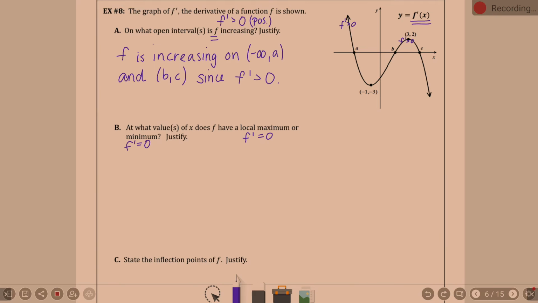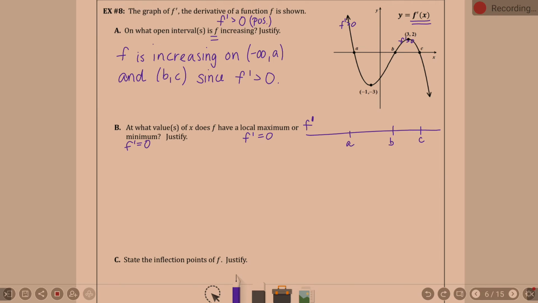Now, so what do we need to look at here? A, B, C, right? And maybe you guys don't need this, but I'm going to set this up just to be helpful. If you think about a number line for f prime with a, b, and c.